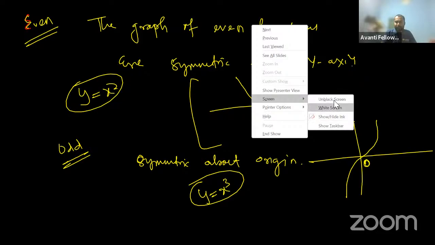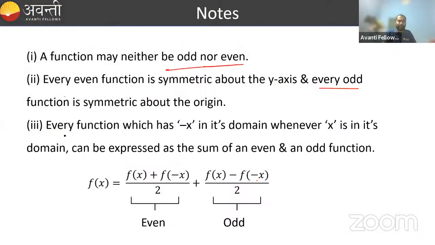What is it saying? The third thing is saying every function can be expressed as the sum of an even function and an odd function, right?